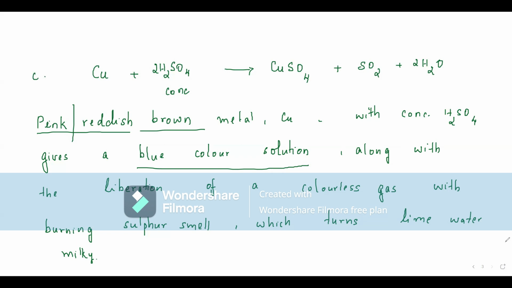So with this, we have completed all the chemical properties of concentrated sulfuric acid. It is a dehydrating agent. It's a non-volatile acid. It is an oxidizing agent. Dilute sulfuric acid is a typical acid. Now, there are definitely questions based on the property of sulfuric acid.